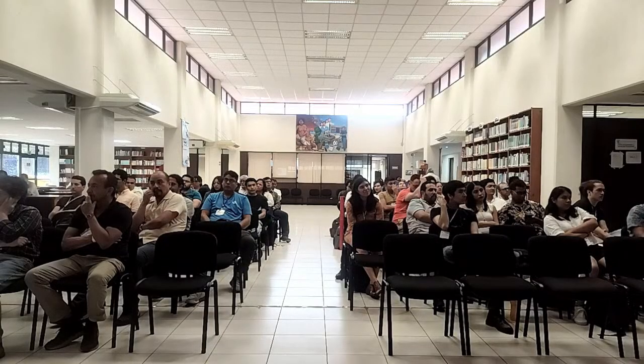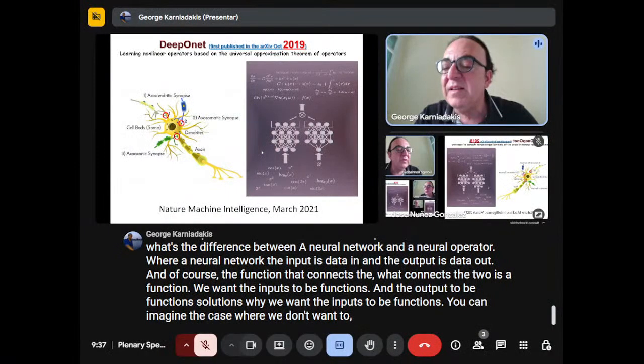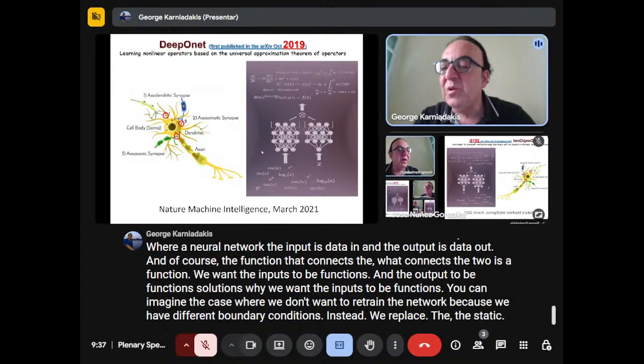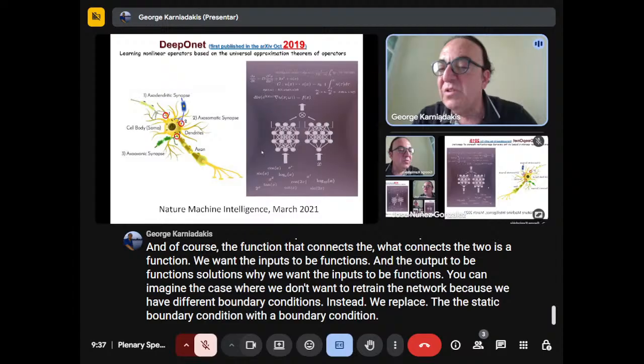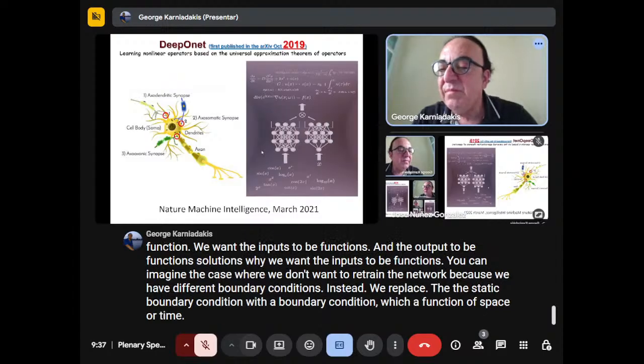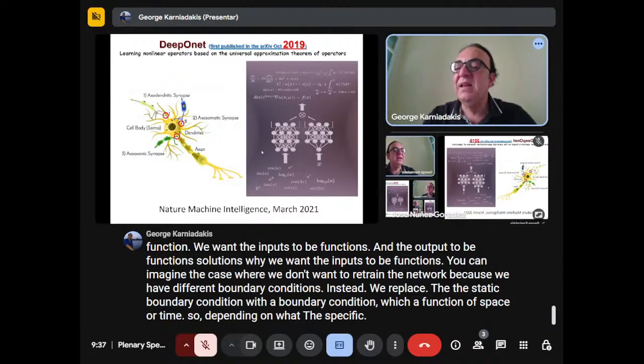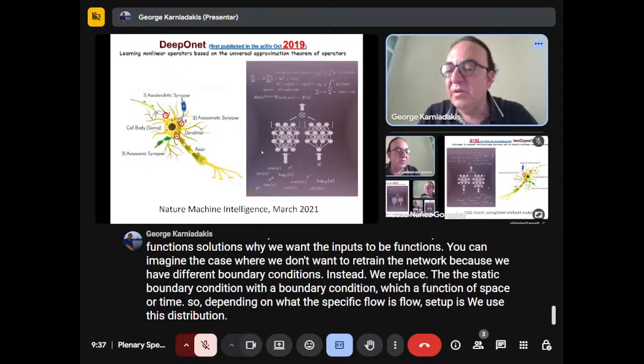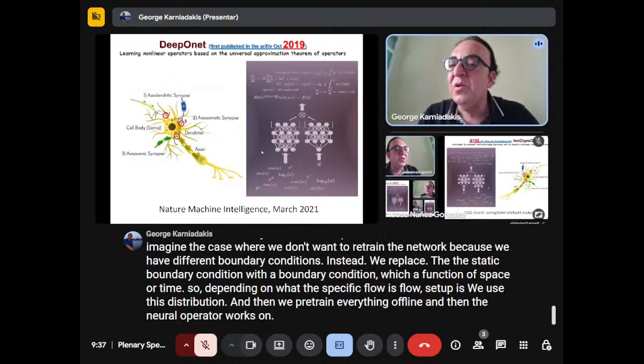You can imagine a case where we don't want to retrain the network because we have different boundary conditions. Instead, we replace the static boundary condition with a boundary condition which is a function of space or time. So depending on what the specific flow setup is, we use this distribution. And then we pre-train everything offline, and then the neural operator works online.